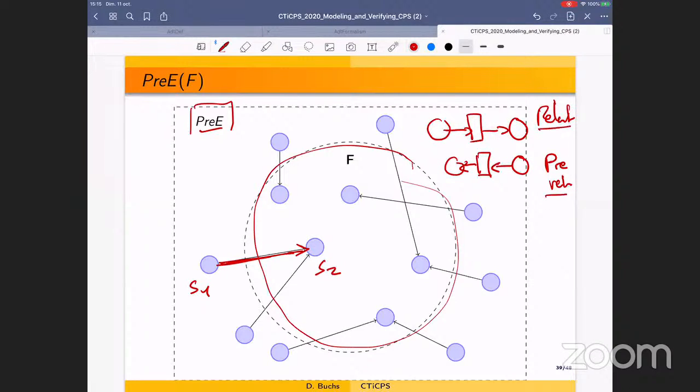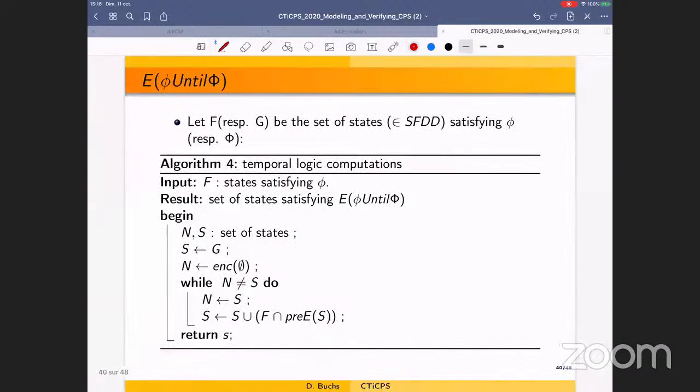So just reverting the arcs allows you to know what is pre. So with this pre, you can check CTL formulas. For more complex formulas, there is a fixed point, but we are always using the pre. So if you know the pre, we are able to implement the model checking of CTL formulas.